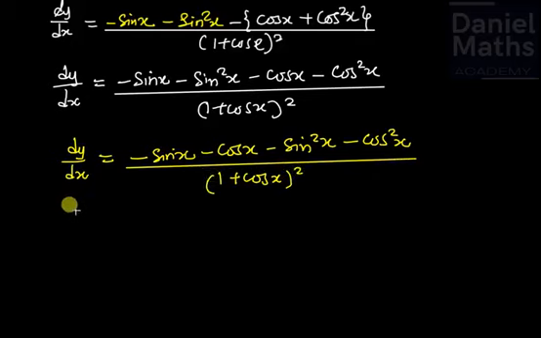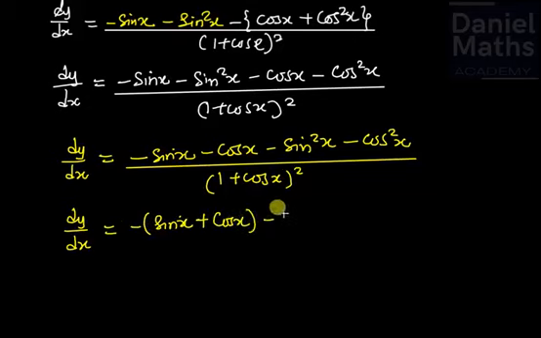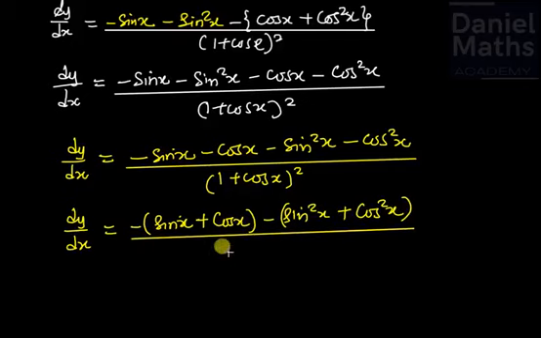If I take it further, dy upon dx is equal to minus into sine x plus cos x, and also minus into sine square x plus cos square x, all divided by 1 plus cos x all squared. So from here I could still go further.